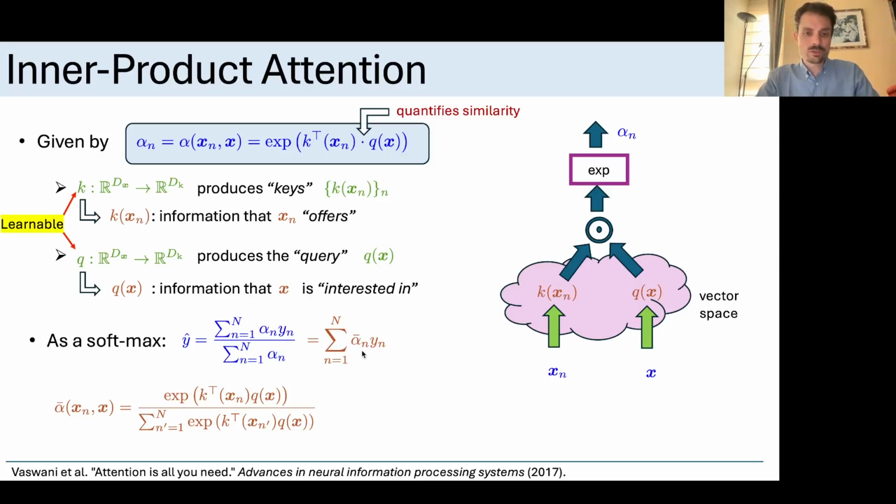If we substitute this expression, then we will arrive at this equality here, where we can recognize that due to this exponential, if one of these terms dominates over the others, then the corresponding attention weight will be close to 1, whereas the rest of the attention weights will be close to 0.